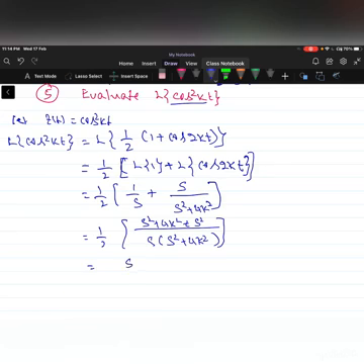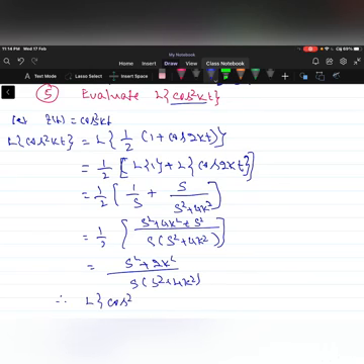So remaining s square plus 2k square divided by s into s square plus 4k square. Therefore Laplace of cos square kt is equal to s square plus 2k square by s into s square plus 4k square.